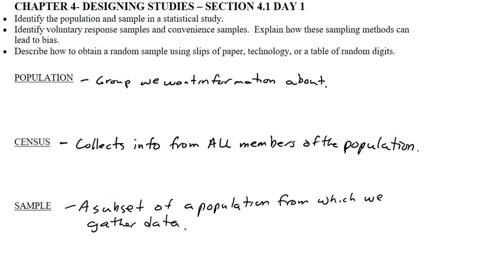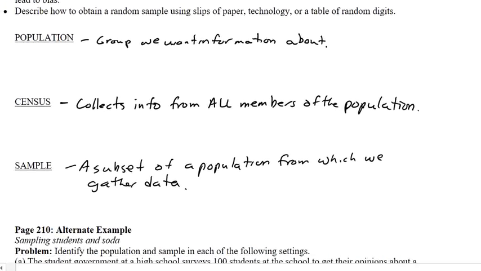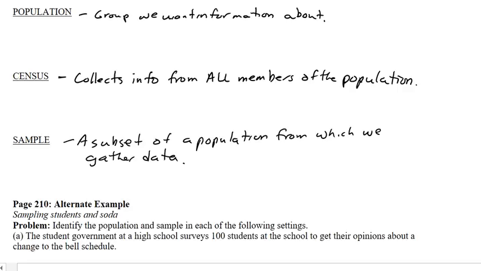We ask about 1,500, which is usually about what the sample size is. And then we infer things to be true about the entire population based on the information we get from the sample. That's inference. One more term we should know is a survey, which is just an attempt to gather info from a sample.